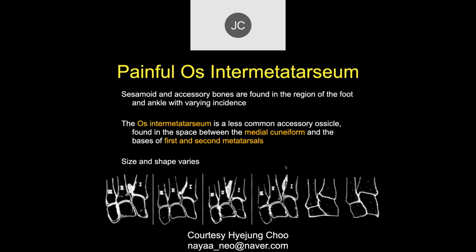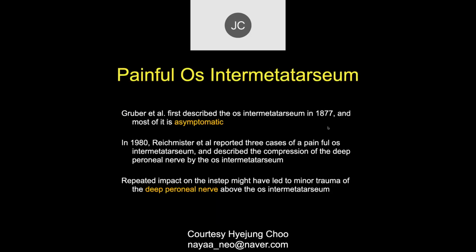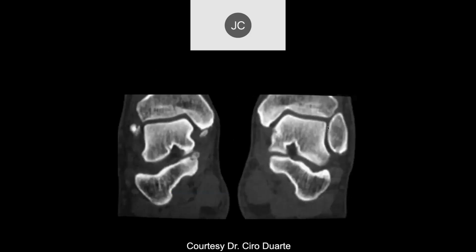So it's an area where MR can be very helpful. And this just shows the course of the nerves overlying the metatarsal bases, where you can get some pain here and compression of the deep peroneal nerve.